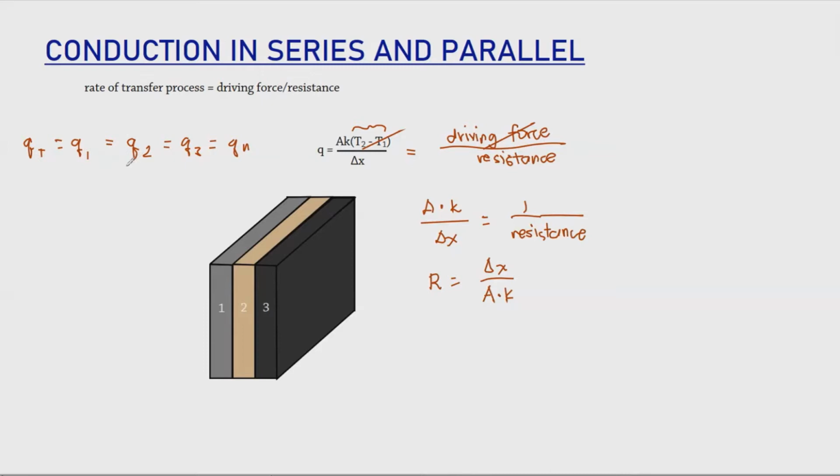So if that is true, then let's try to derive one equation for, let's say, slab 1. We call this delta x1 since we're talking about 1. And then let's have some T1 here, and then this one is T4, because it simply means that we have 4 temperature profiles here.